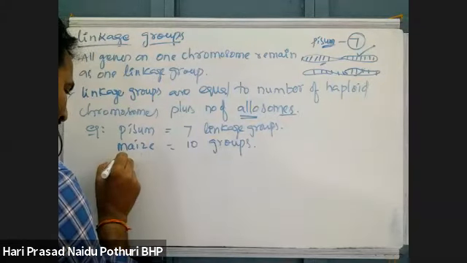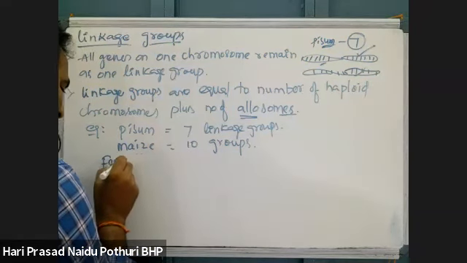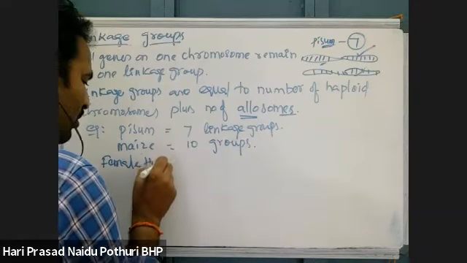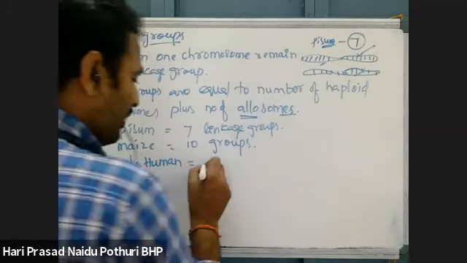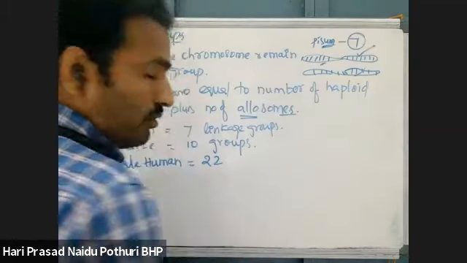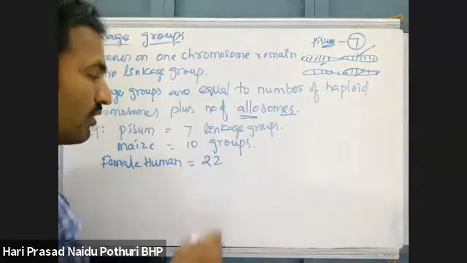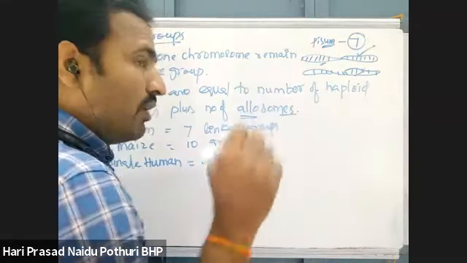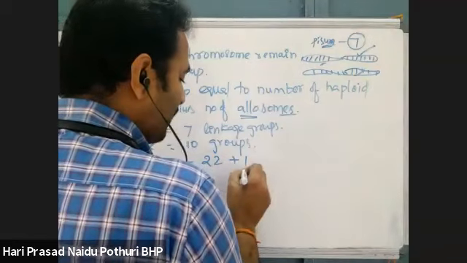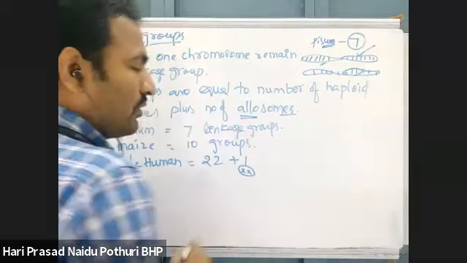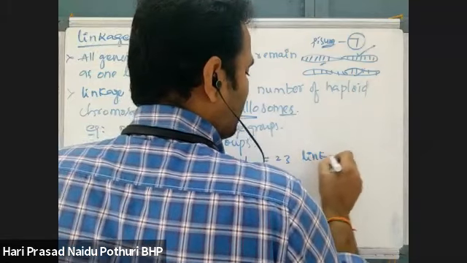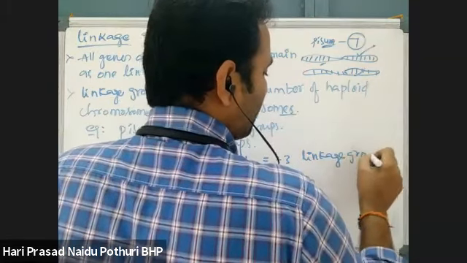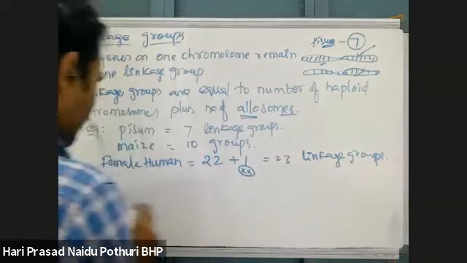But take a human female. A human female has usually 22 autosomes, and the number of allosomes is what? 1, because both allosomes are the same type. So 23 linkage groups are present in a human female.